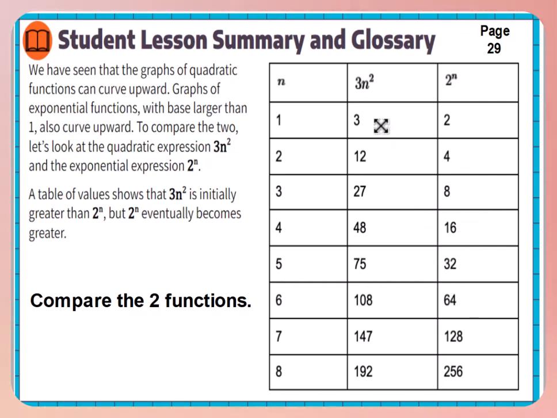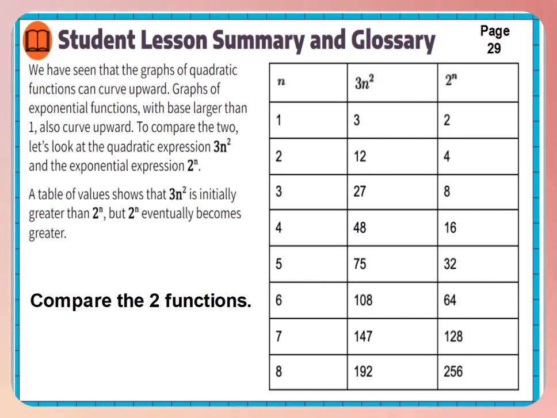Now compare these two functions. We start off with the output for the quadratic being larger than the exponential function. Still larger when n is 3, still larger when n is 4, and 5, and 6, and 7, and 8.